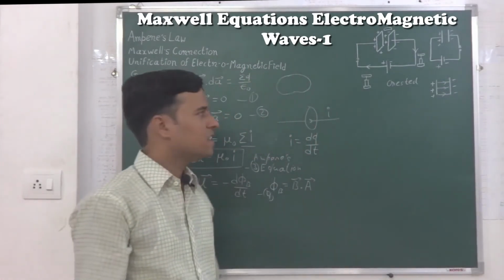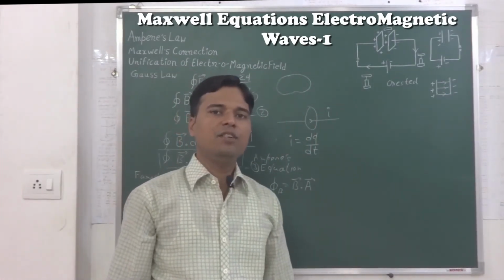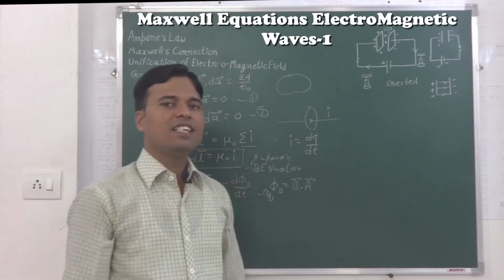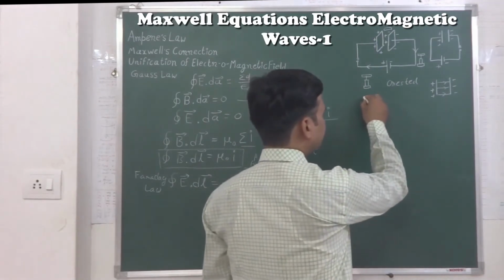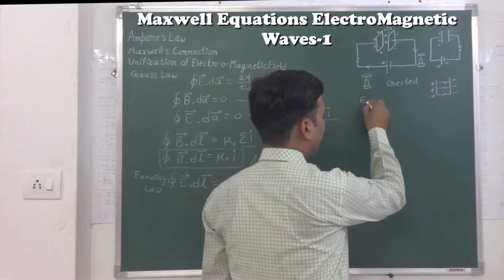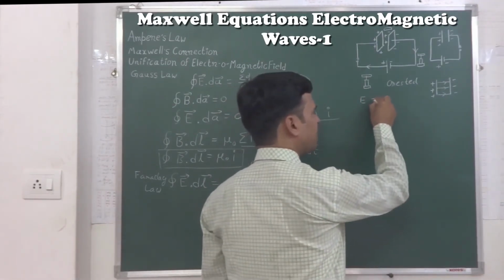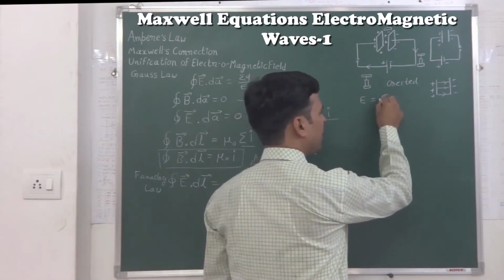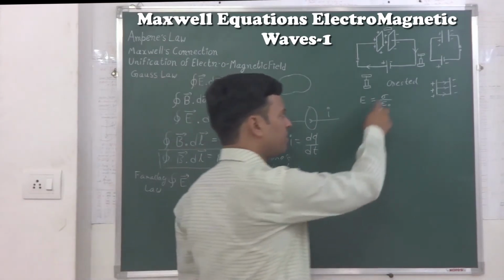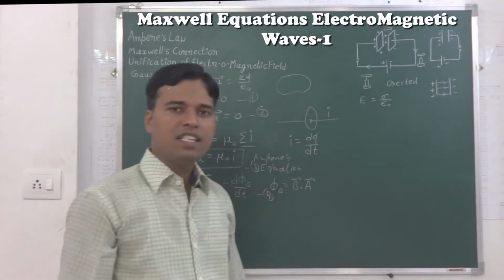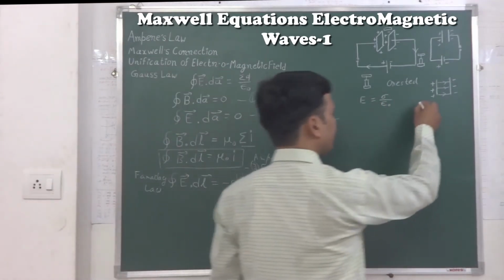We have learned the electric field between the capacitor plates is given by E, electric field, is equal to sigma upon epsilon naught. Sigma is nothing but the surface charge density.